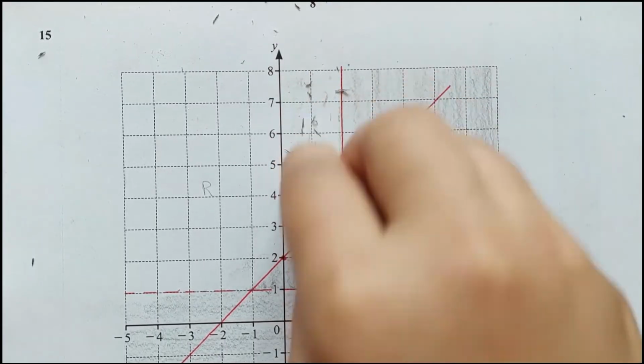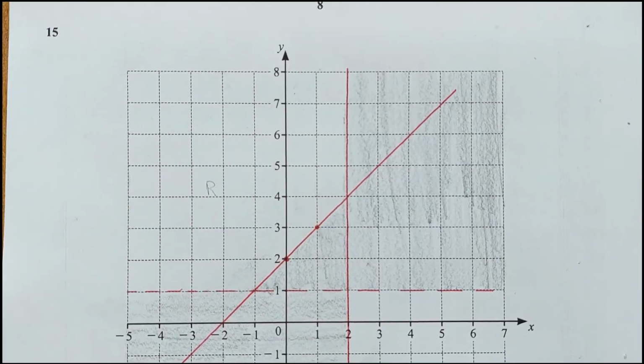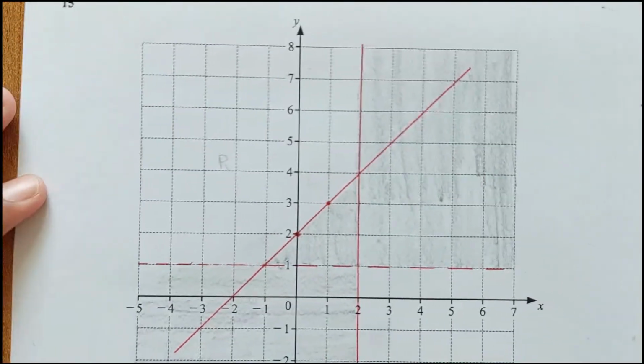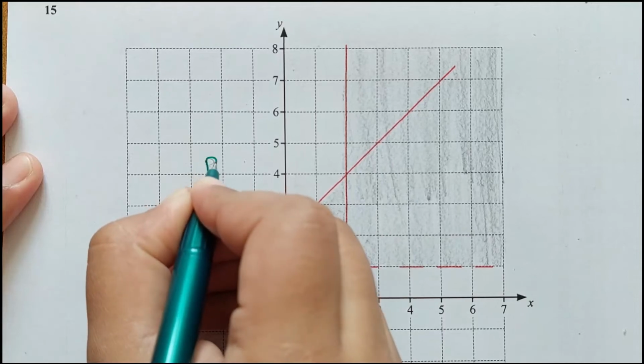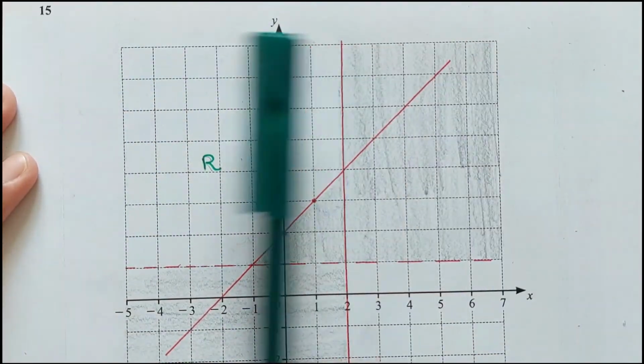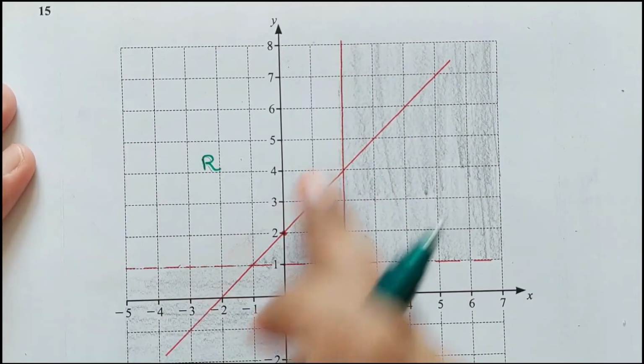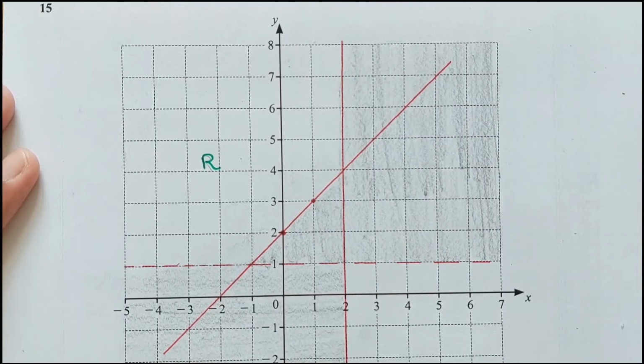The rest are the unwanted regions, so that is the shaded one. This is the region R which satisfies the 3 inequalities: y is more than 1, x is less than 2, and y is more than x plus 2. I hope this is clear now.